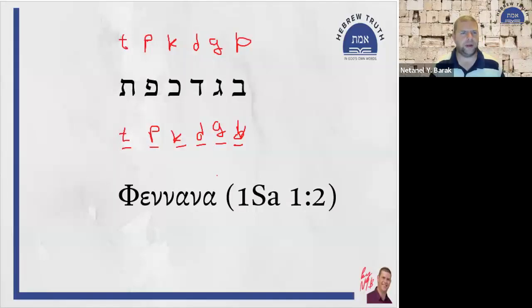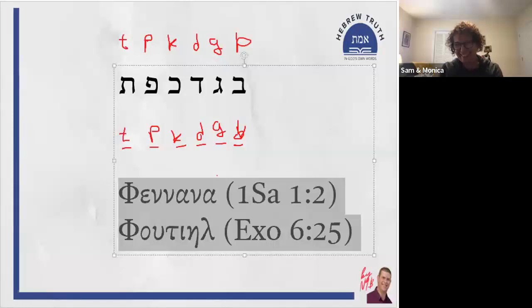By the way, there are other names as such. For instance, if we already mentioned Pinchas, the grandson of Aharon, we also have his grandfather on his mother's side, named Putiel in biblical Hebrew. But the Greek version of that, anyone wants to guess by now? Very good.